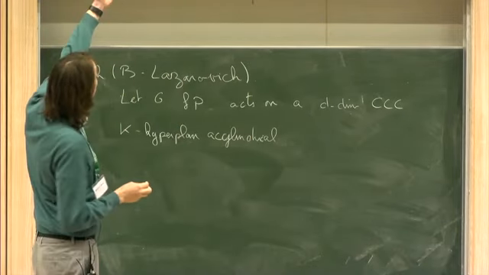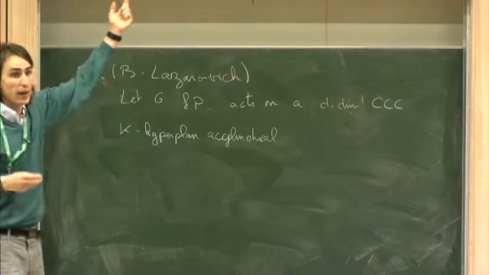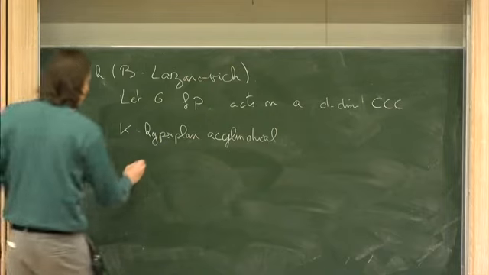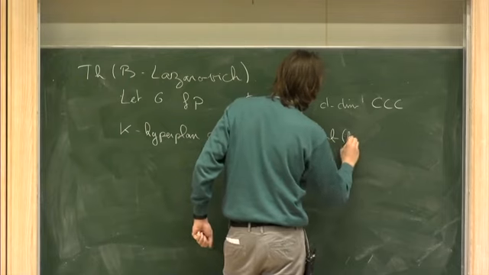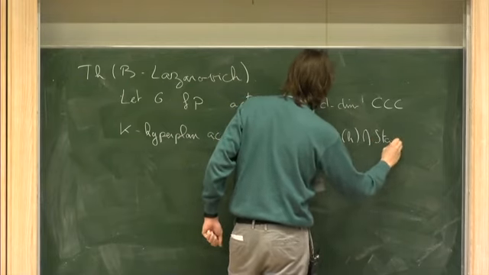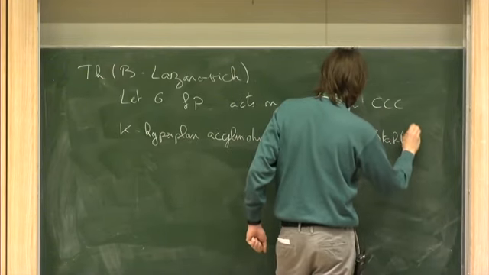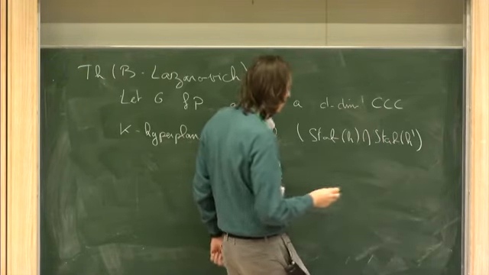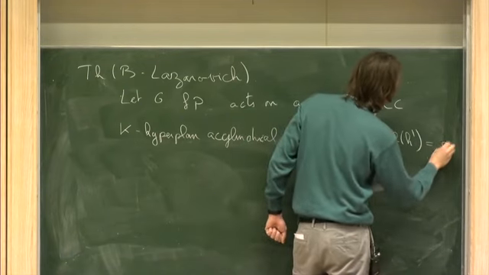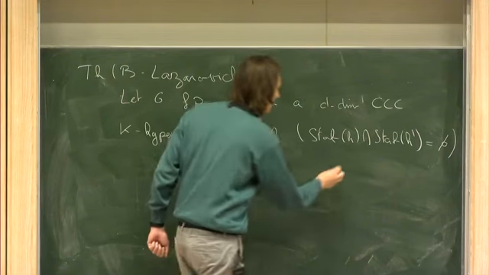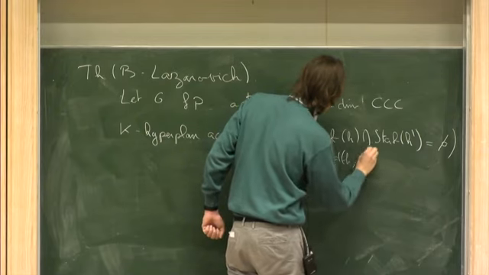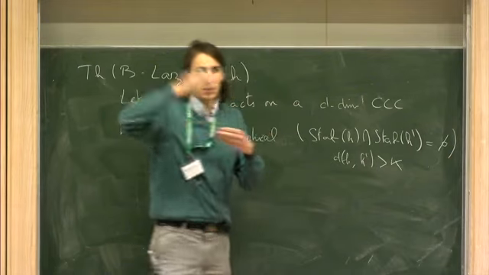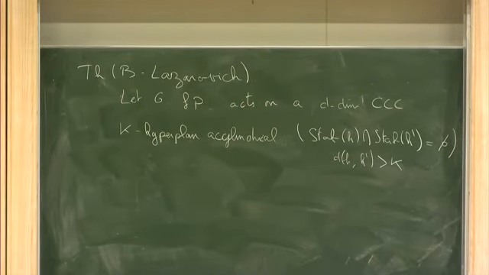So it's the same condition, but you replace edge by hyperplane. So the intersection of stabilizers is trivial whenever the distance is greater than K. Distance meaning you have K hyperplanes in between them.